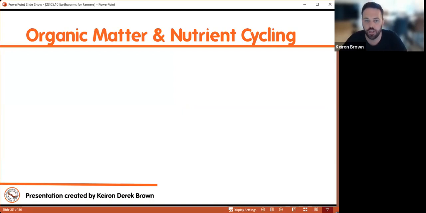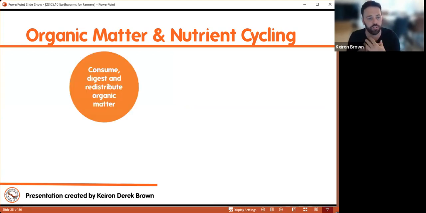So another soil process that they're involved in is organic matter and nutrient cycling. So they consume, digest, and redistribute organic matter. They help break down organic matter, as we've talked about in the decomposition, but they're also moving it about. And they're moving it sideways through the soil profile, they're moving it up and down through the soil profile, and they're digesting it because they're eating the soil as well.